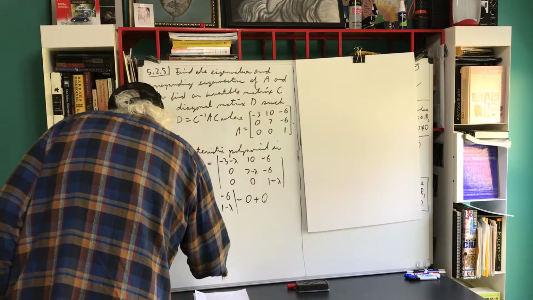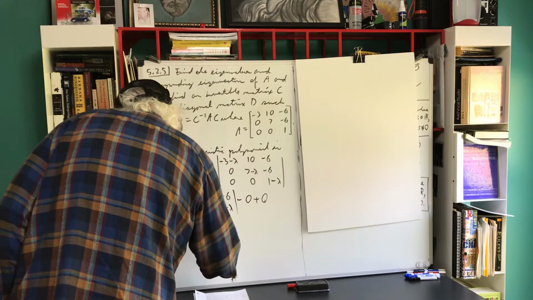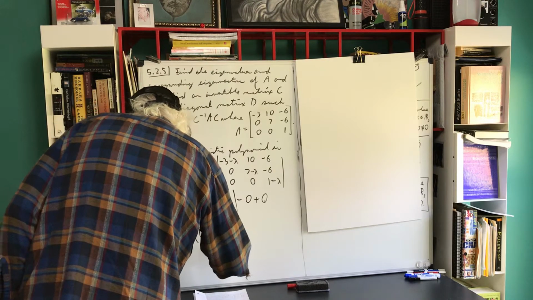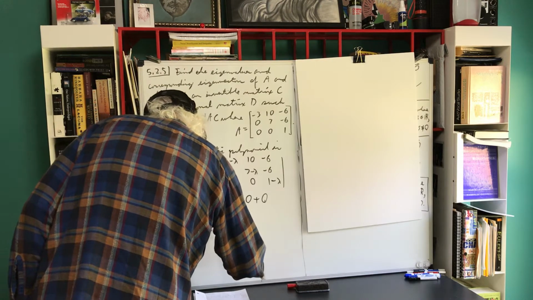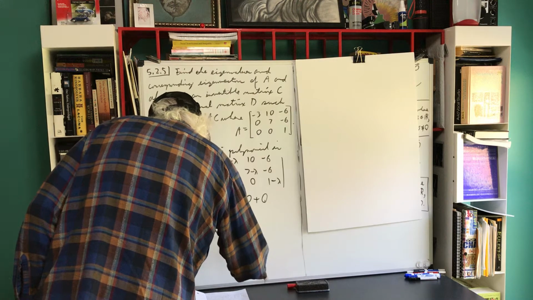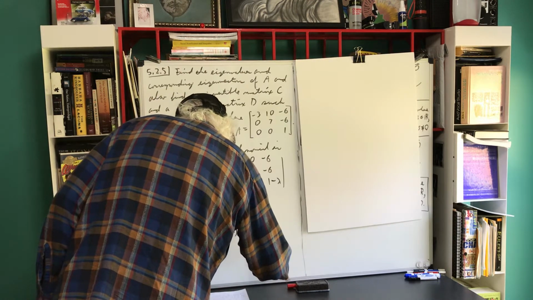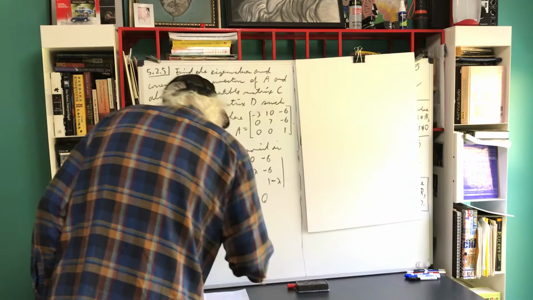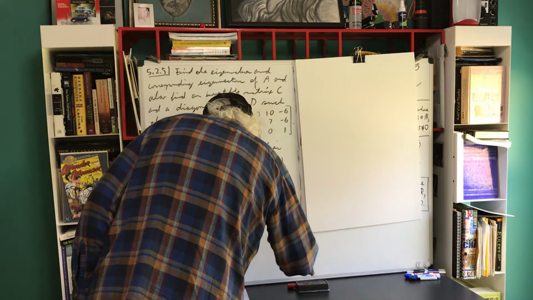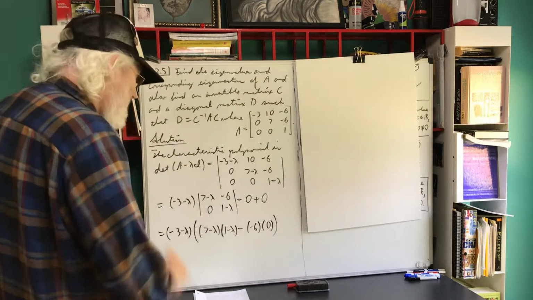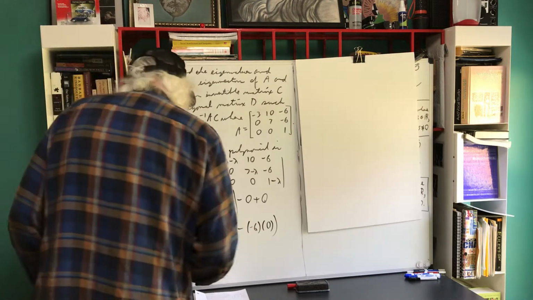And then we get negative 3 minus lambda times 7 minus lambda times 1 minus lambda, going down the diagonal, minus, careful with the parentheses, negative 6 times 0, going down the back diagonal, but that 0 is helpful there.